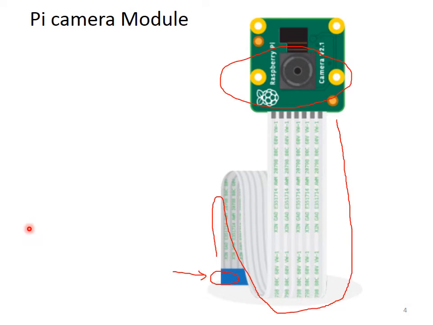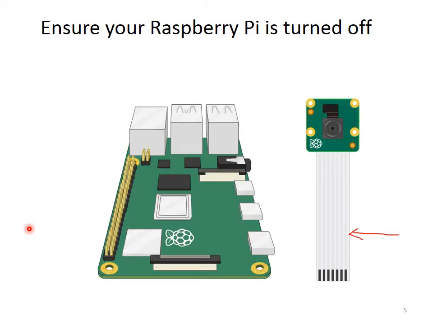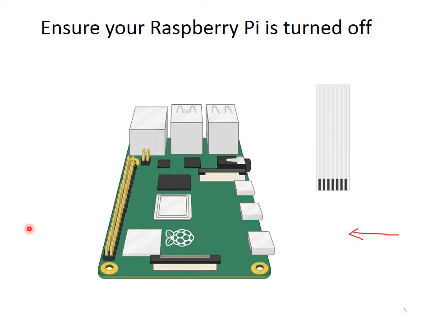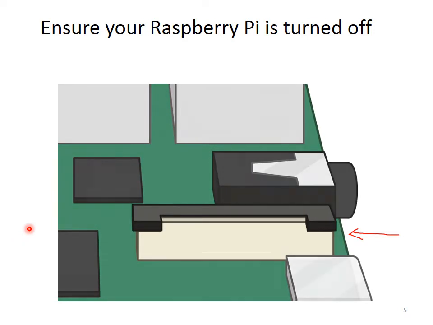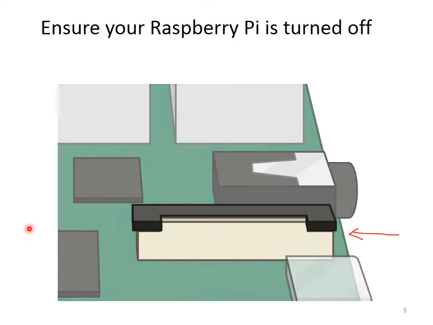Now let us take a look at the connectivity of this camera module with the Raspberry Pi itself. Here you can see I am also going to play an animation along with the discussion. Here I have pulled up this camera module slot. Look carefully, the connector is having one slider.